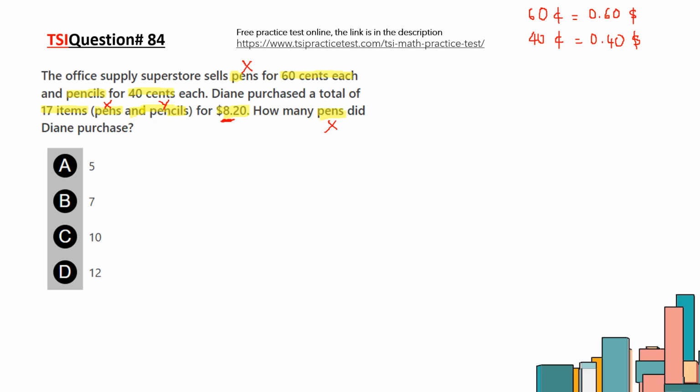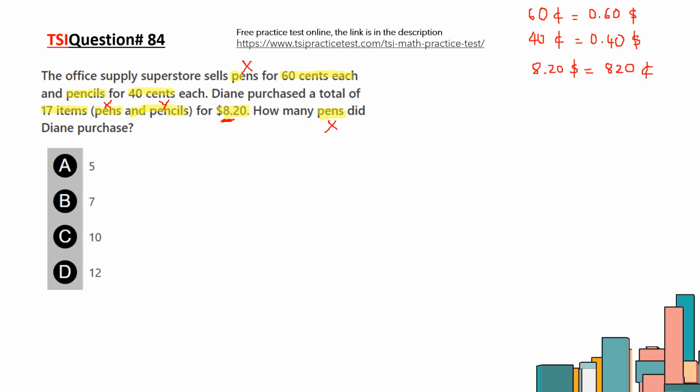Or you can convert $8.20 into cents, which is 820 cents. It's up to you, but if you convert into cents, you don't have to worry about the decimal. So let's try to make the system of equations in this case.